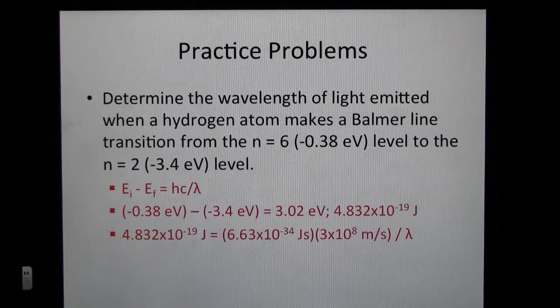We then plug that energy level difference into Planck's quantum hypothesis formula. We can plug in Planck's constant and the speed of light c, and then solving for the wavelength, we find the wavelength to be 4.6 times 10 to the minus 7 meters.